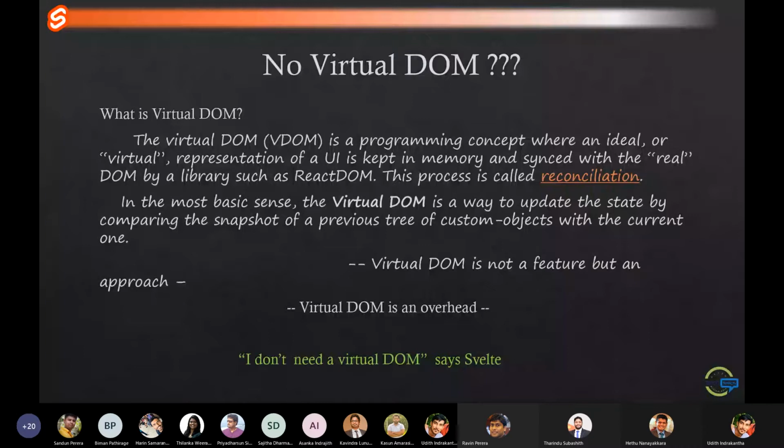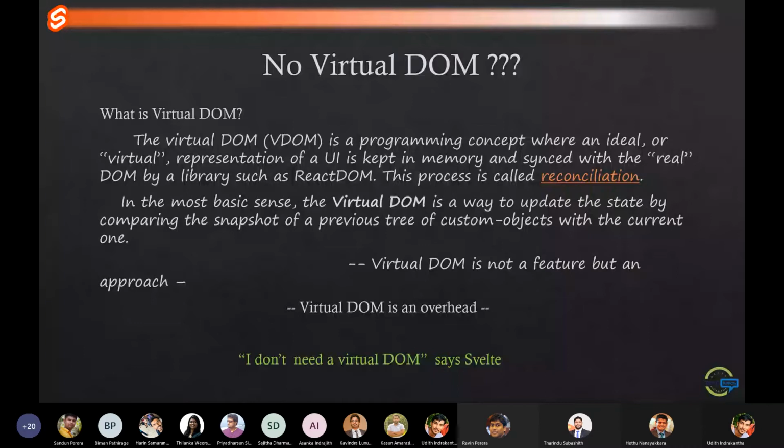Normally when you update a variable in the code, they create a virtual DOM, then compare that virtual DOM snapshot with the previous snapshot, and after that they update the real DOM and render it. That is what happens in a normal virtual DOM.